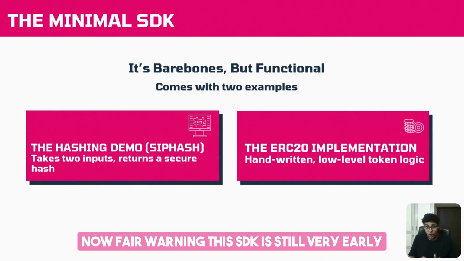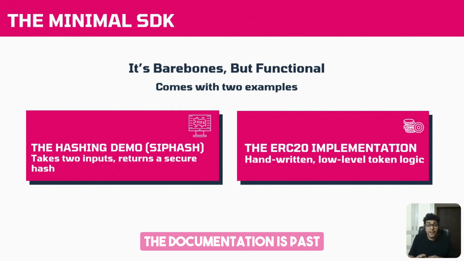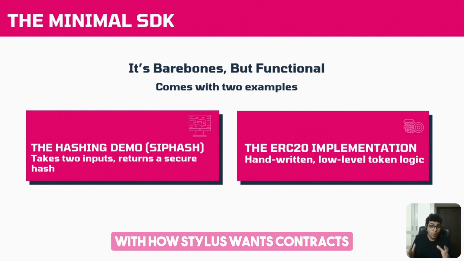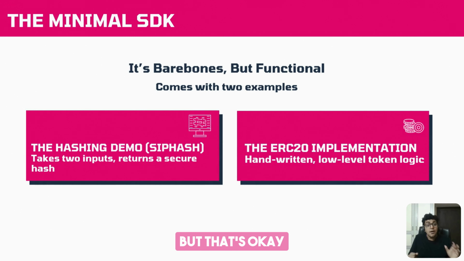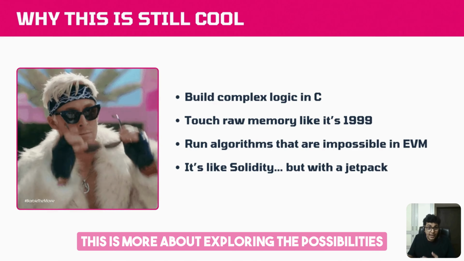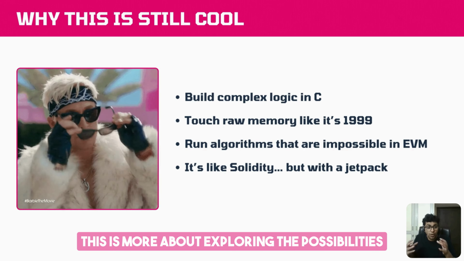Now, fair warning, this SDK is still very early. The documentation is sparse, the examples aren't up to date with the latest Stylus deployment tooling, nor does it fully align with how Stylus wants contracts to behave long term. But that's okay, because this isn't about deploying a production ready contract in C. This is more about exploring the possibilities.